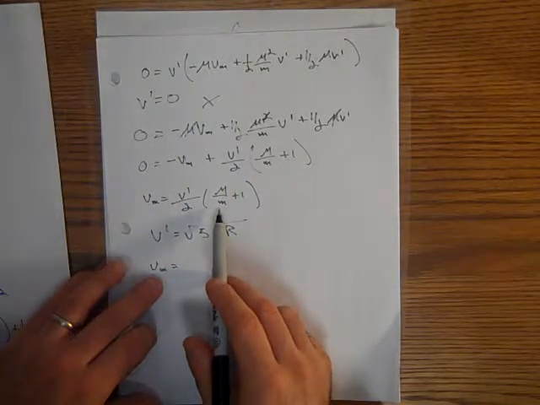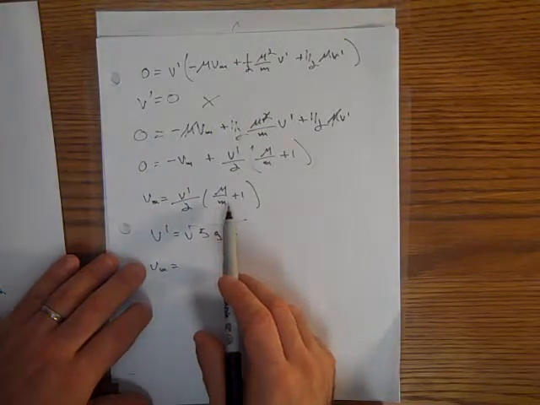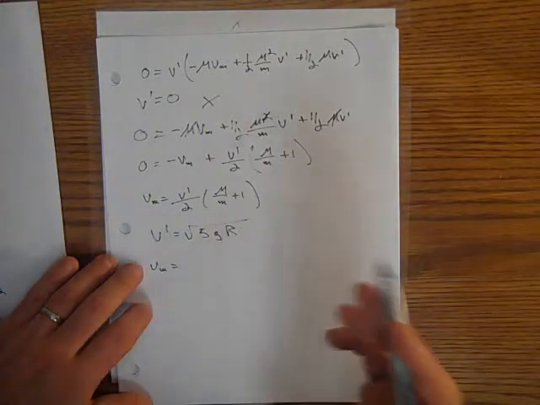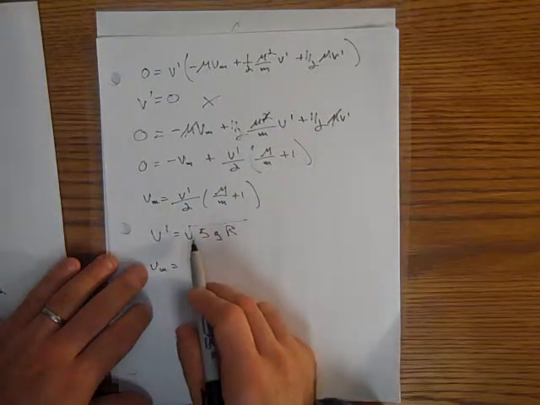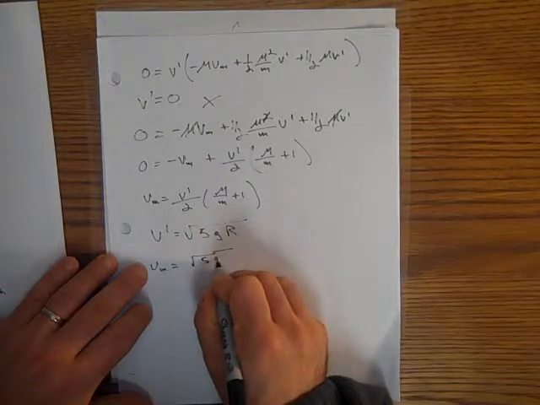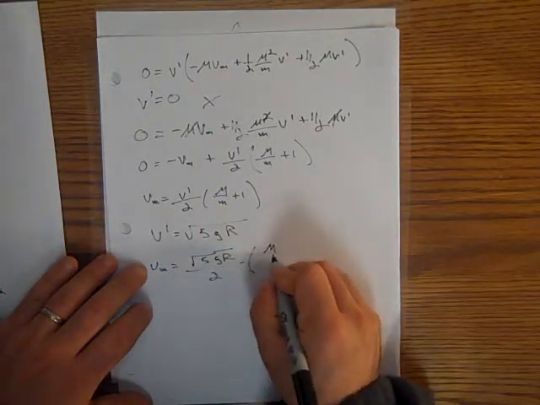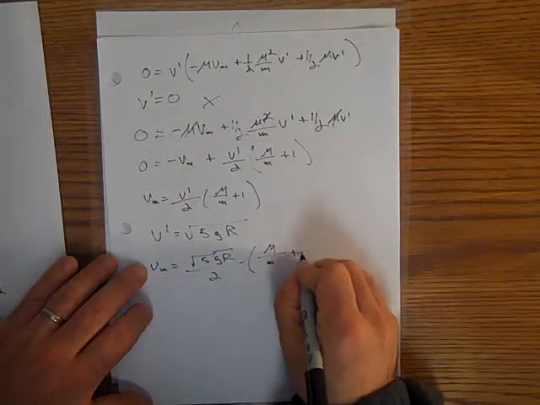Well, maybe it's going to work itself out. Let's see if it works itself out. I'm not sure that it's going to, but let's just see. So I'm going to plug this thing in here. So I get square root of 5gr over 2 times big M over little m plus 1.